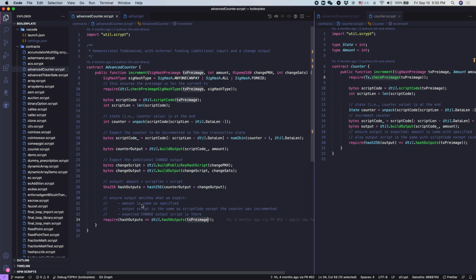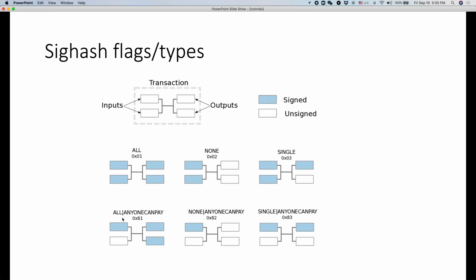So we just showed one example of combining with anyone can pay. We can also use single. If we have a contract state and we only care about propagating it to the next output, we don't care about other outputs, or sometimes we don't even care about other inputs, we can use single combined with anyone can pay.